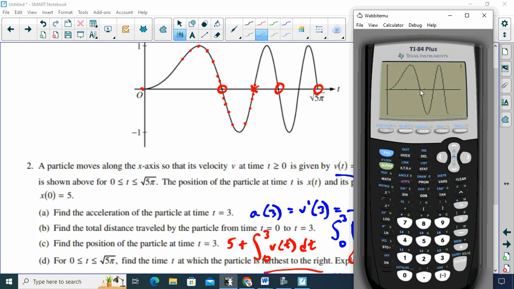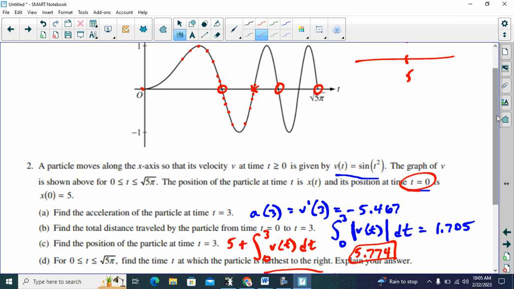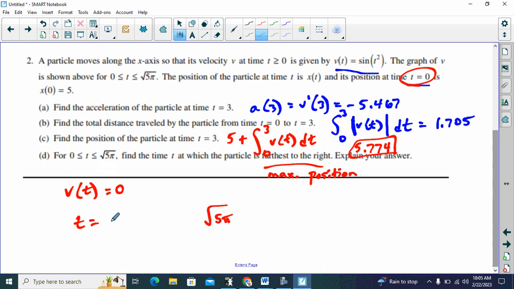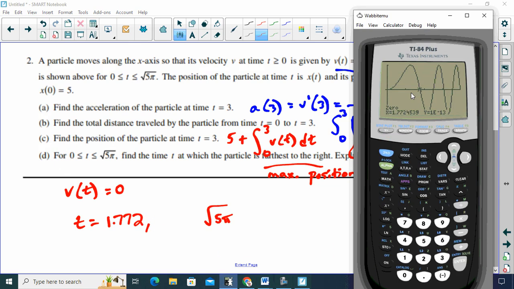So this point here is between 1 and 2. Calculate that 0 between 1 and 2. 1.772. Not that one, we want this one. Looks like it's just past 2.